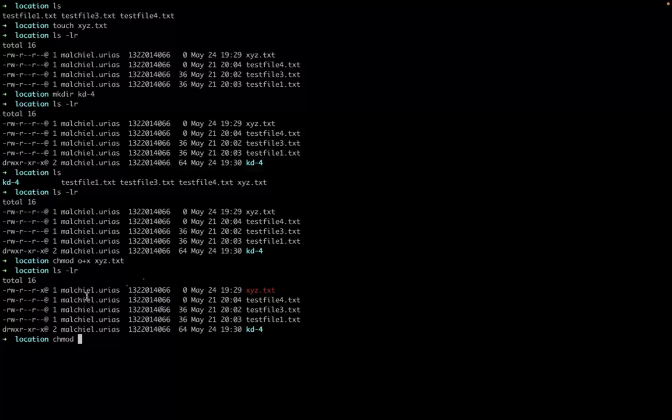You see that we have the user permissions as read and write. Is that right? Yes, sir. What is the group permissions? Read. And what is the permissions for others? Read and execute. Now I want to add execution permissions to the user. How do I do that?